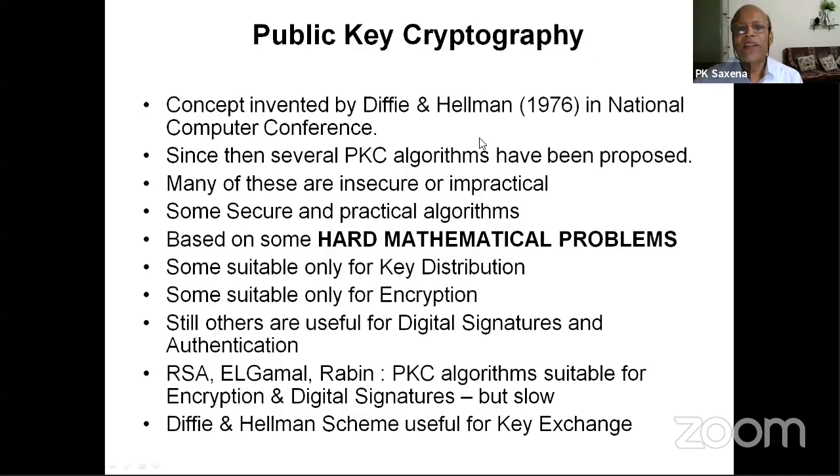Then the concept of public key cryptography comes in. The concept of the public key crypto system actually came in 1976. It was proposed by Diffie and Hellman, and this concept depends on some hard mathematical problem where a one-way computation is easy, whereas the reverse of that computation is difficult.